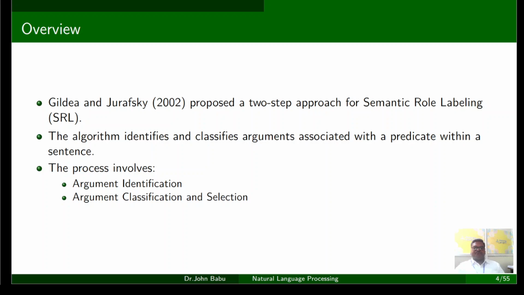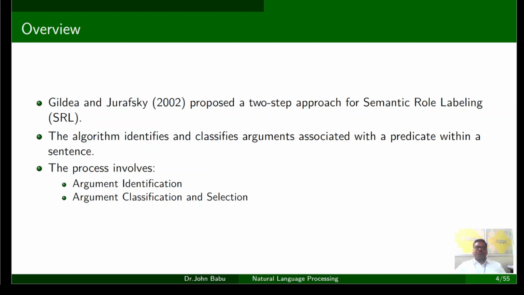Gildea and Jurafsky proposed a two-step approach for semantic role labeling as a classification problem. We know that there are two important steps in semantic role labeling: one is known as argument identification, another is known as argument classification.